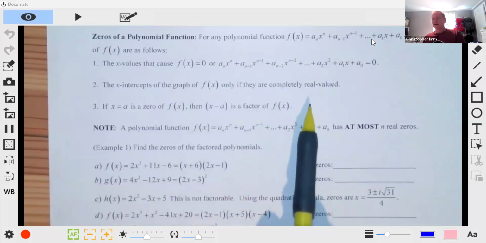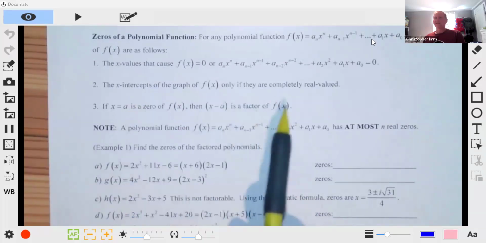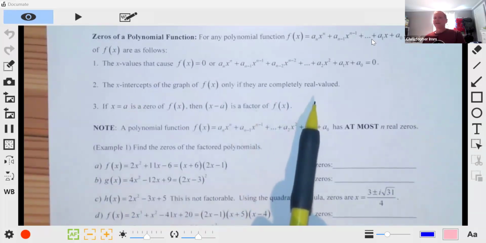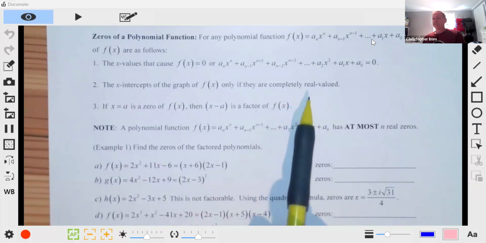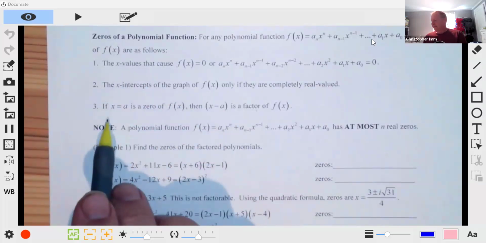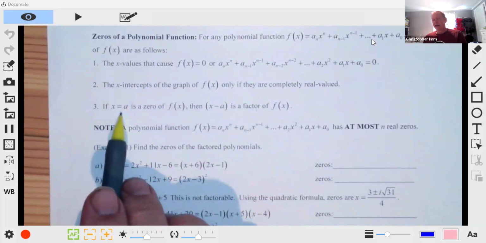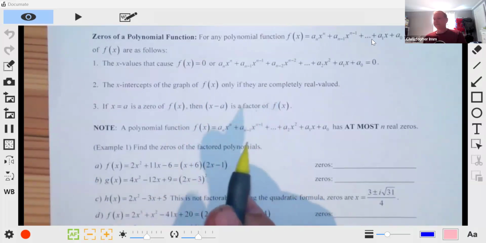So a zero can be an x-intercept of a graph. We can see it cross as long as it's a real valued zero. Again, we're not going to see these imaginary zeros cross the axis. And finally, if we do have a zero, x equal to a, then x minus a will be a factor of that function.